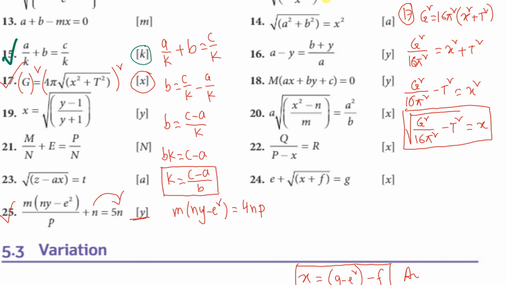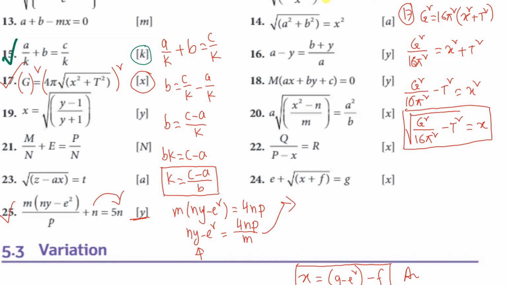Now we need to separate from here ny minus e square. Here is the y. Our target is to make y separate. Then if I take m on the right side, it should be 4np divided by m we can write.